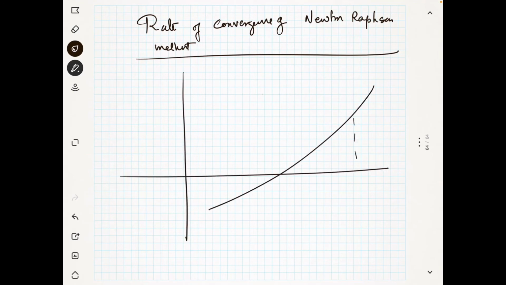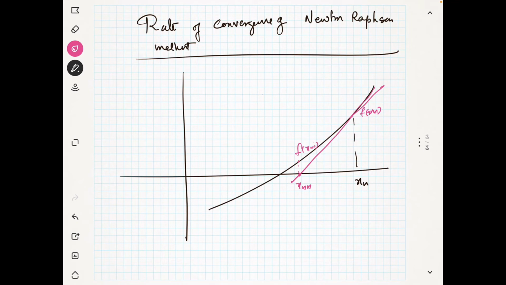You know this is your xn, and at xn you will find f of xn, then you will also draw a curve, and you will find x of n plus 1, and from this you will find f of x of n plus 1.